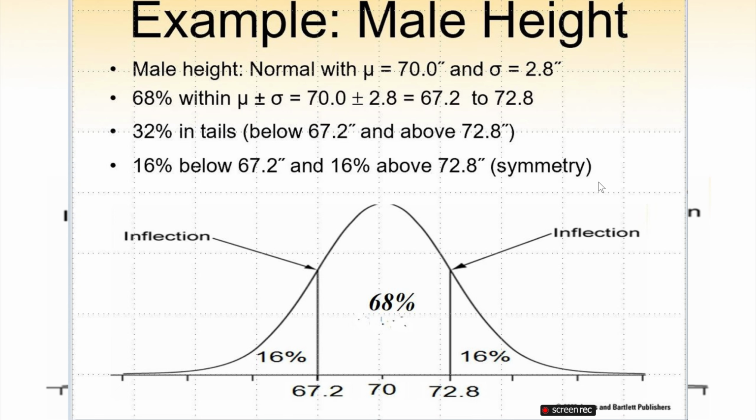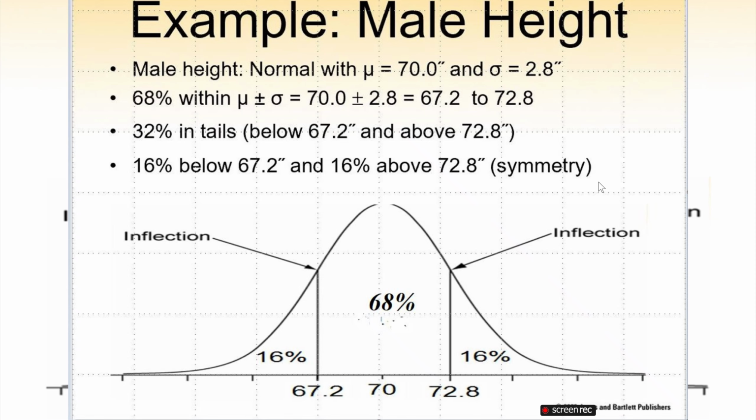Now let's have an example. Let's say we have a data set about the height of males, and we have been told that the mean height is 70 with a standard deviation of 2.8. Now if we plot this on the graph, this should be 68%. Please let's take note of this.